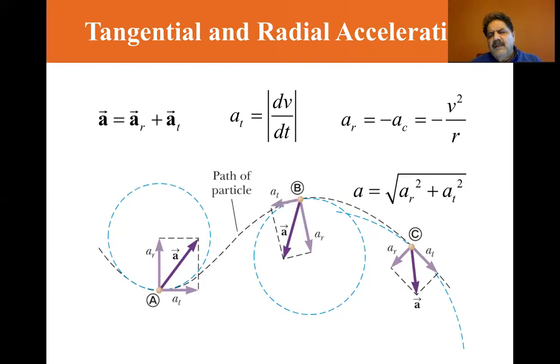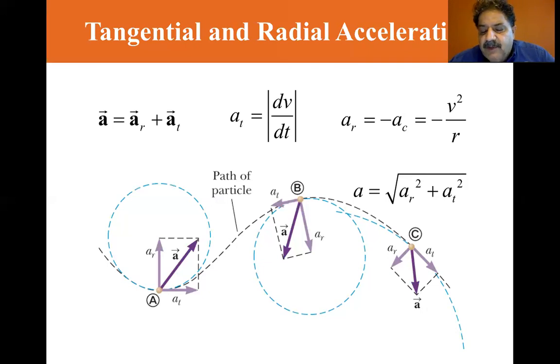You don't feel what we're going to call the centripetal force as much as if you turn around a curve real fast and a tight curve. You feel it much tighter. So the radial acceleration is large when the radius of curvature is small, and the radial acceleration is small when the radius is large. Almost sounds counterintuitive, but that's the way it is.